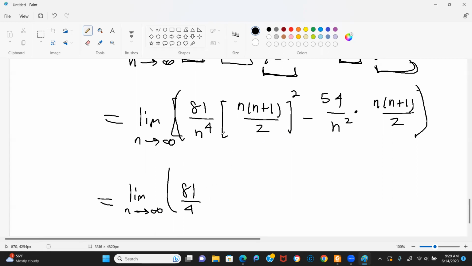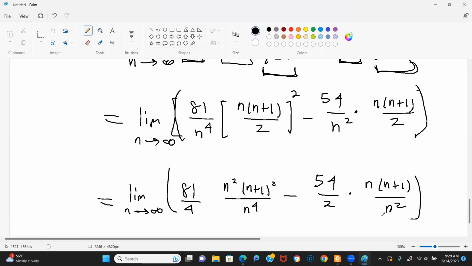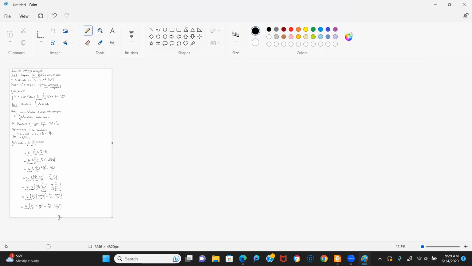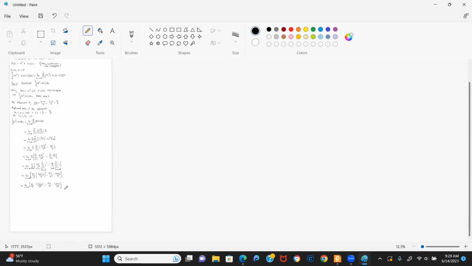So I'll have 81 over 4, times n squared times (n plus 1) squared over n to the fourth, minus 54 over 2 times (n plus 1) over n squared. Look at all that just for this one example.